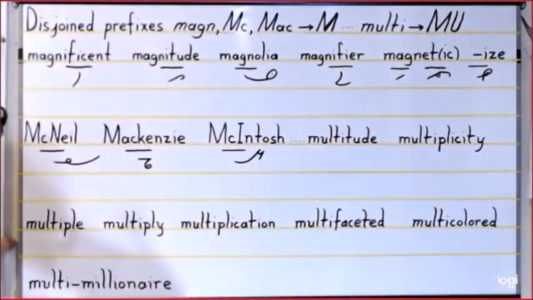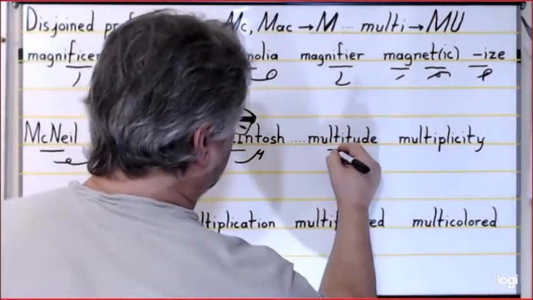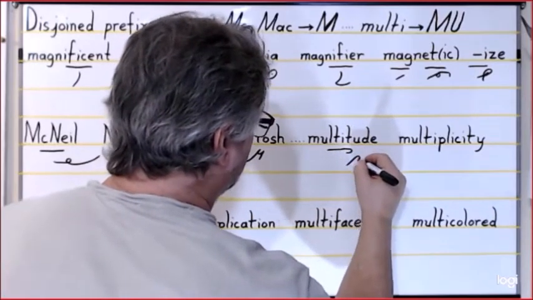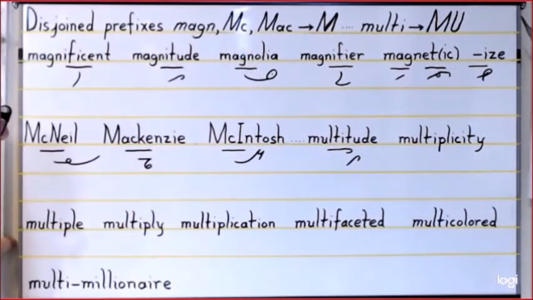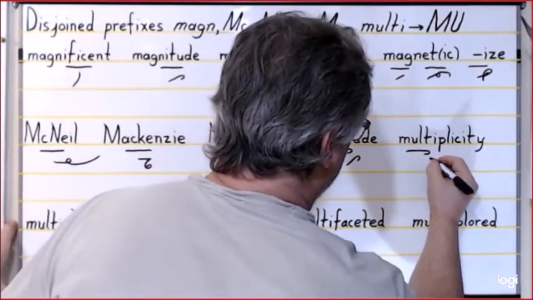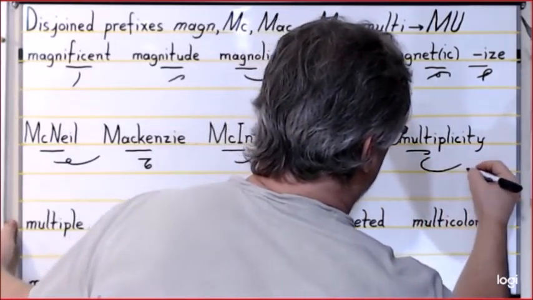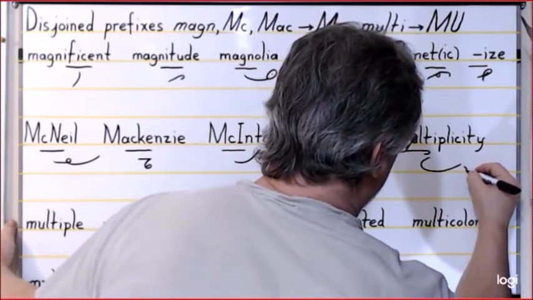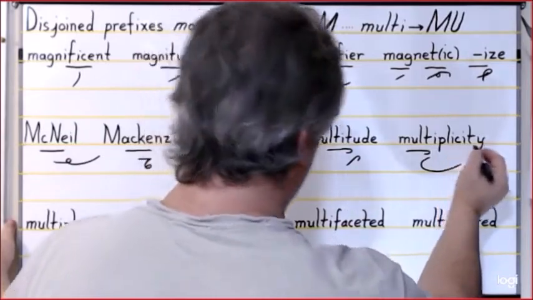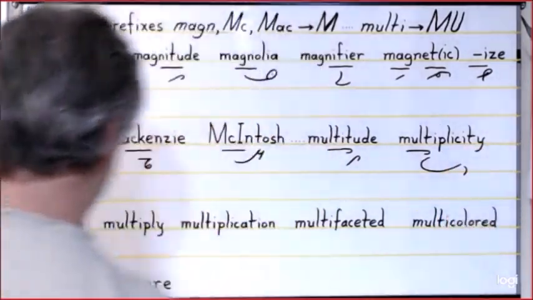For multitude, this will be an MU, and then a TU. Multiplicity will be the MUPL, and then a disjoined right S at the end for the disjoined suffix city at the end.